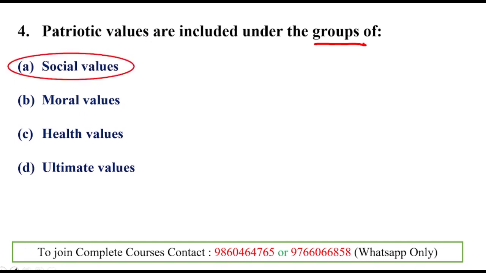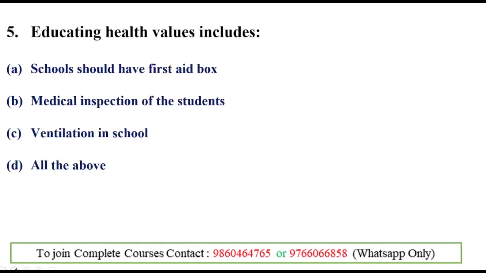Clear? And next one, educating health values includes. So, in a school or an institution, what is the need of health values? Or we want to educate the students about health through education, and it includes which of the following.